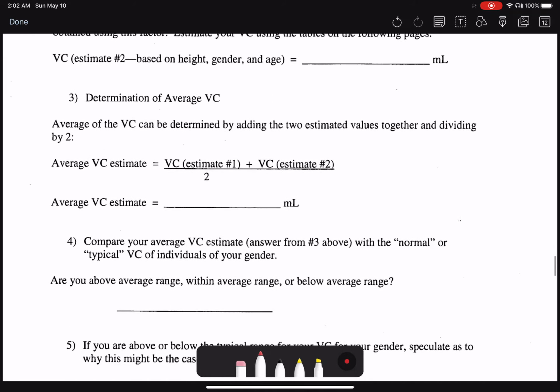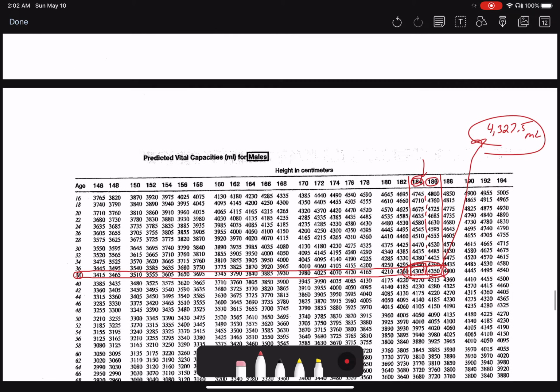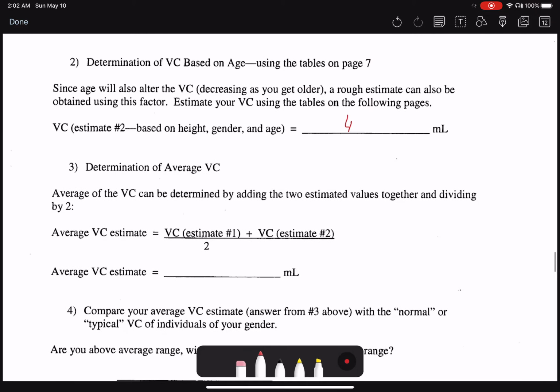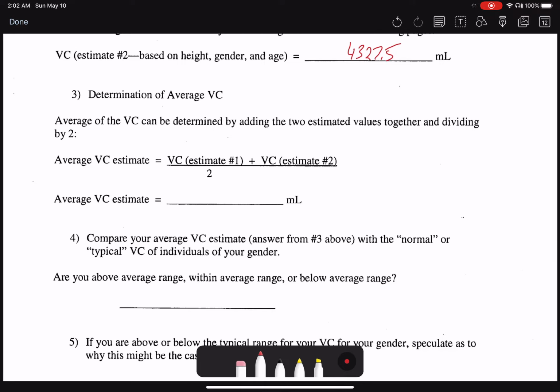By the way, this is where we put that number: 4327.5. So now what we're going to do is we're going to take the first estimate, which is 5,000 milliliters, plus 4,327.5 milliliters, and divide them by 2 to take the average.